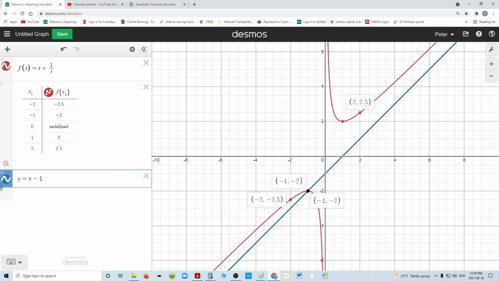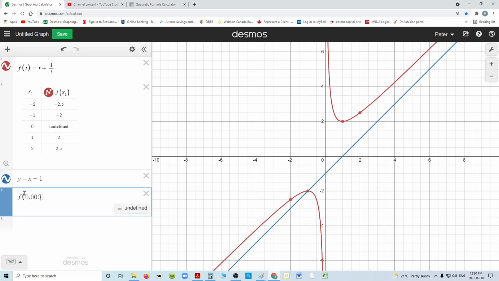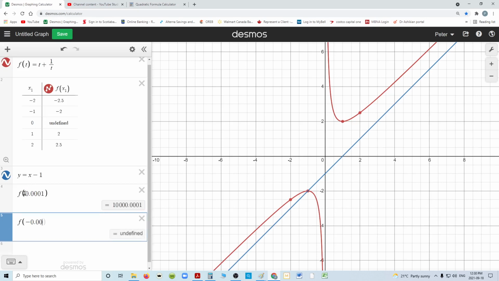We can also see that if we take f of 0.0001, we get a huge positive number. If we take negative 0.01, we get a huge negative number, essentially. If we take negative infinity, it's just going to approach negative infinity, and same with positive infinity.